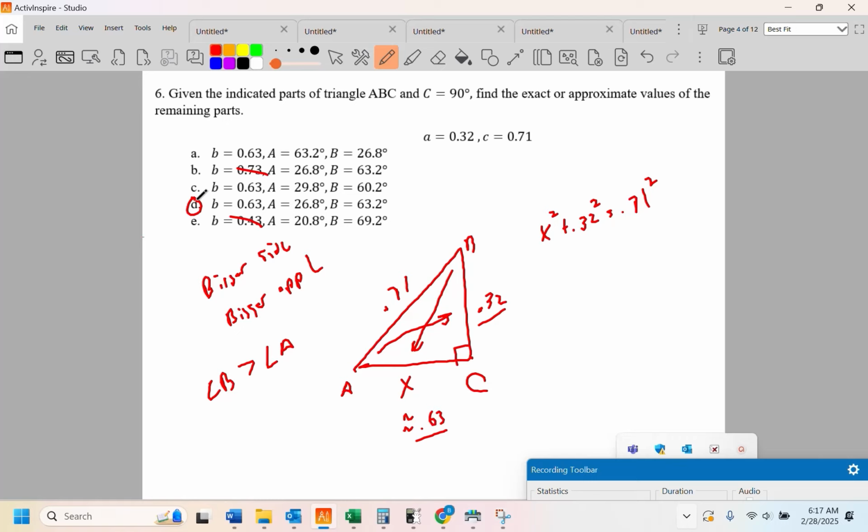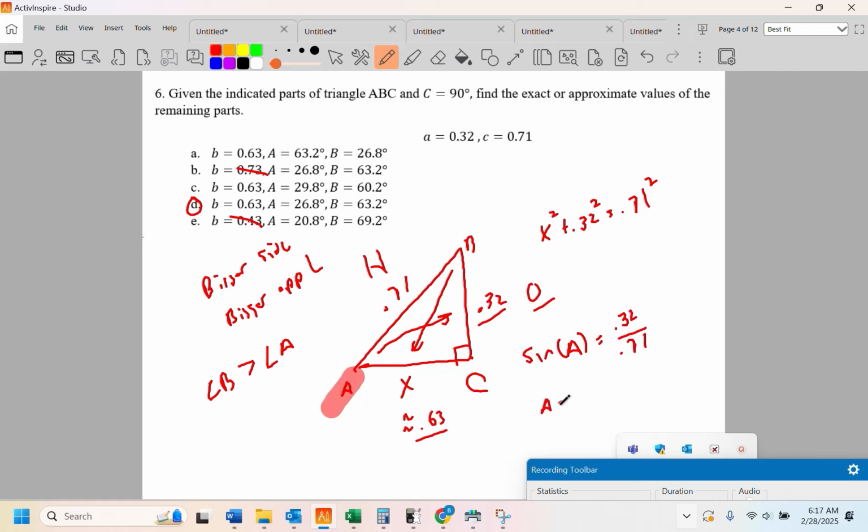Now, if I don't trust Milbrath-Math's logic, I can use some trigonometry. If I focus my attention maybe on angle A, I can say, okay, I have opposite and I have hypotenuse. The sine of A is 0.32 over 0.71.